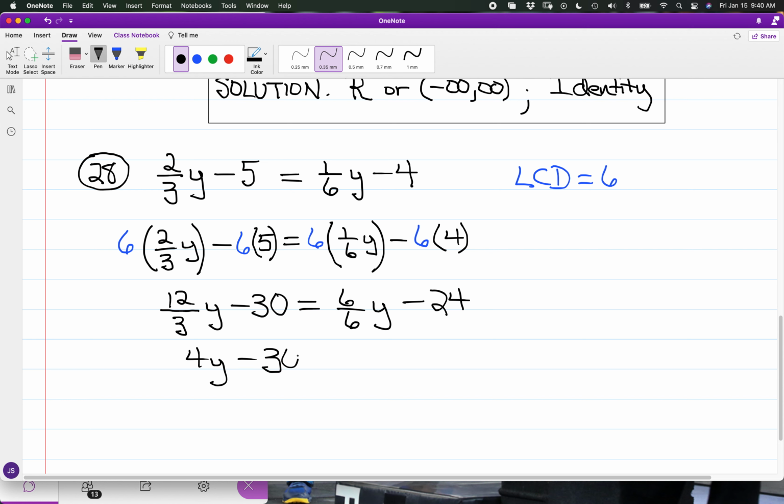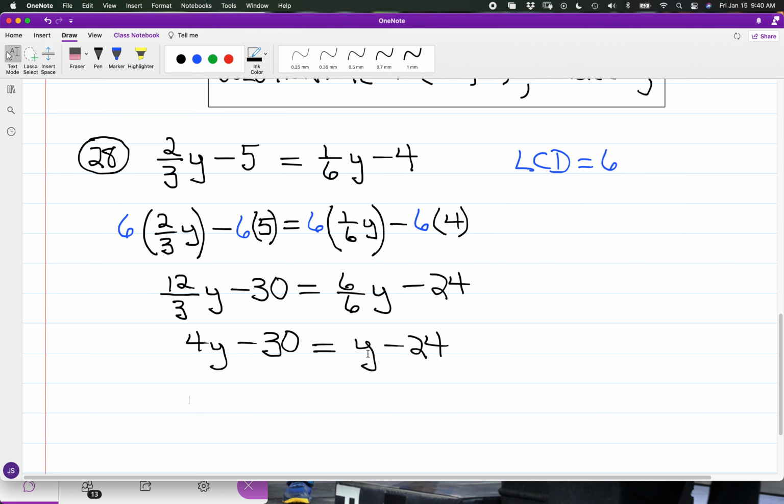Okay, so you have 4y minus 30 is equal to y minus 24. Now we again have 2 sets of like terms on opposite sides. And the difference this time around is that we don't have the same weights in the coefficients for the variable terms.